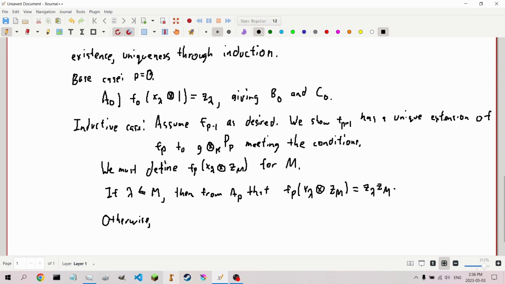Otherwise, we write M as the composition of mu and n, where mu is less than lambda and mu is less than or equal to n.